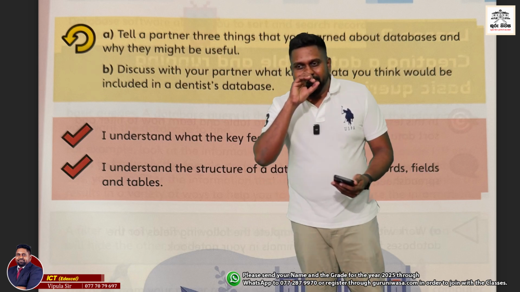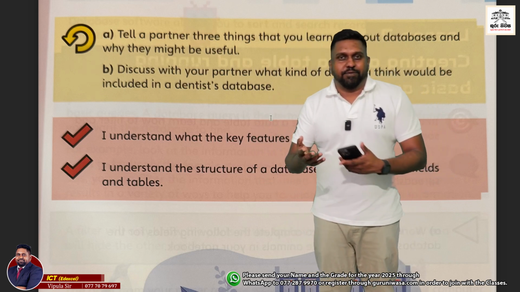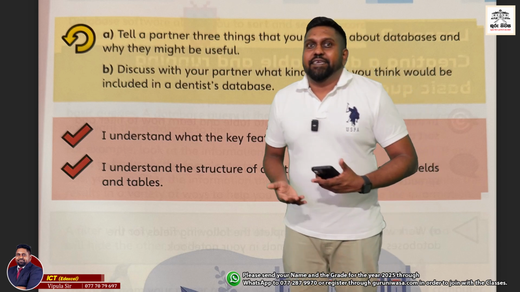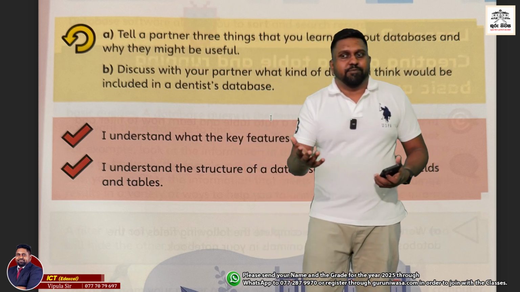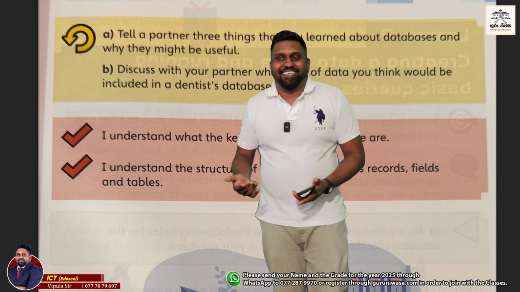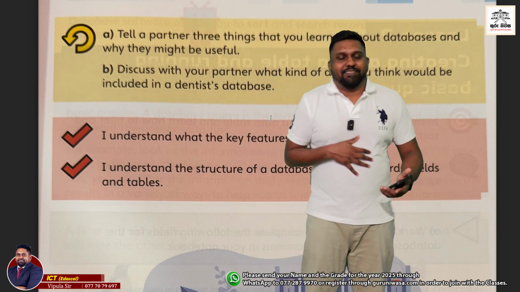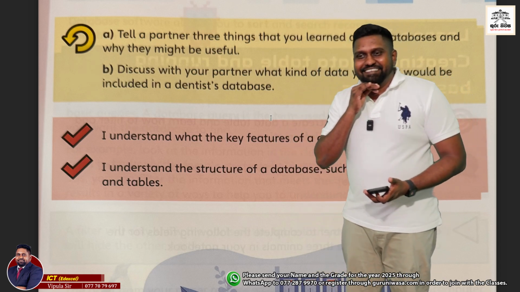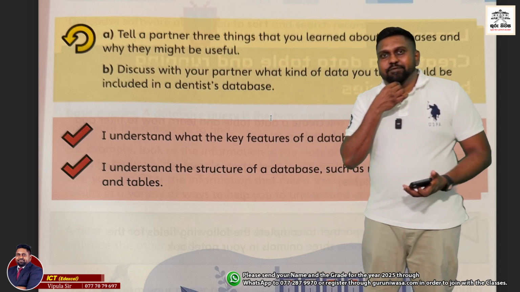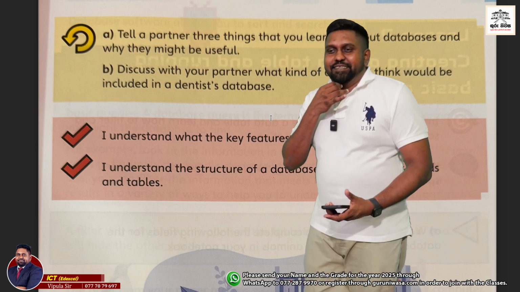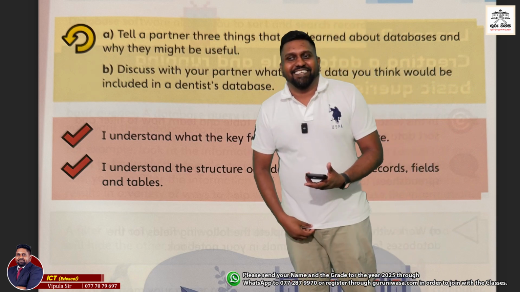Your information, your name, your age, your parents' name. Most of the time they might have saved your parents' mobile number, contact details, right? So that's the patient's information. After that, why did you go to the dentist? What was the treatment you received?